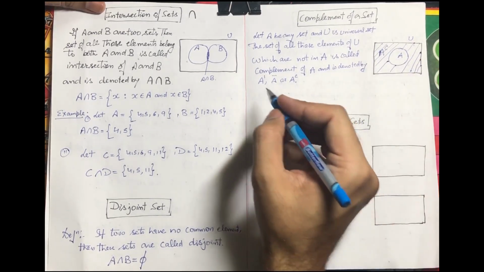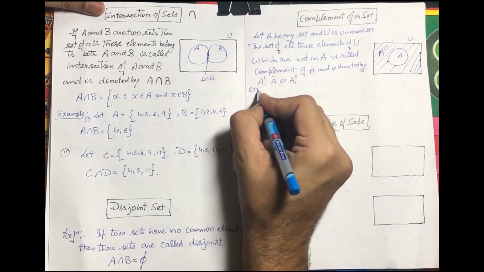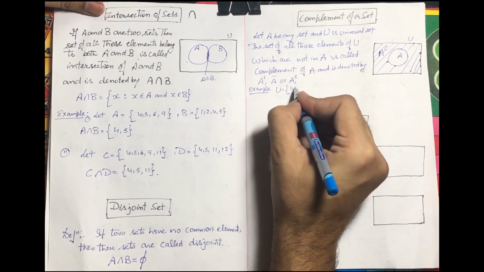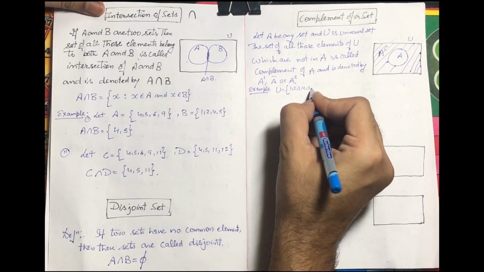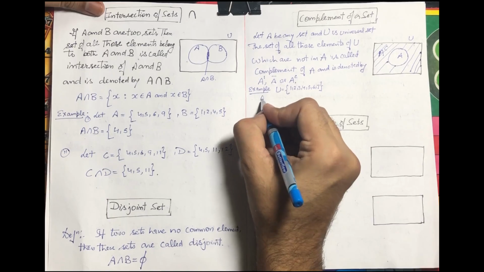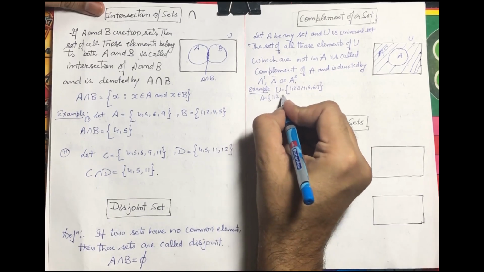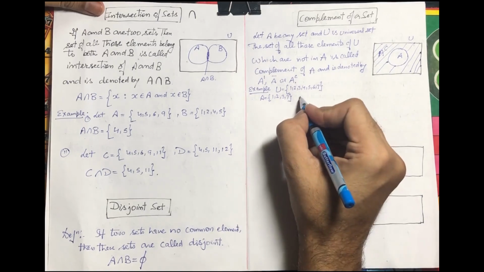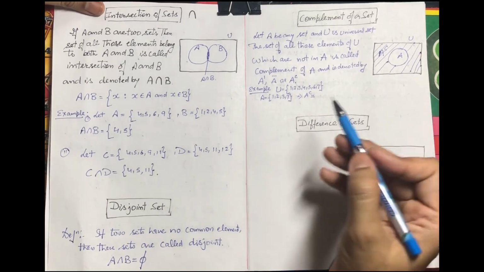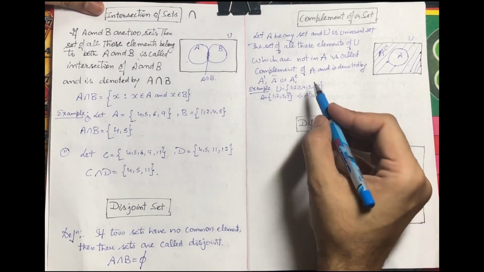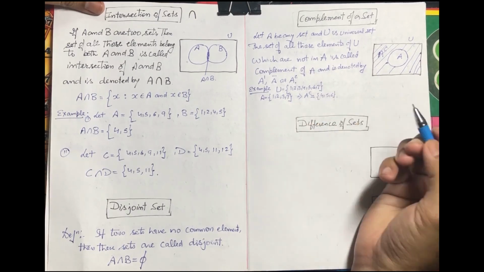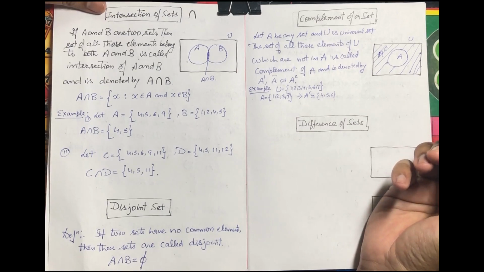Now let us discuss an example. Let universal set is 1, 2, 3, 4, 5, 6, 7 and any subset of U A is equal to 1, 2, 3, 7. Then how much is A complement? All those elements of U which are not in A. What are those? 4, 5, 6. So this is A complement.